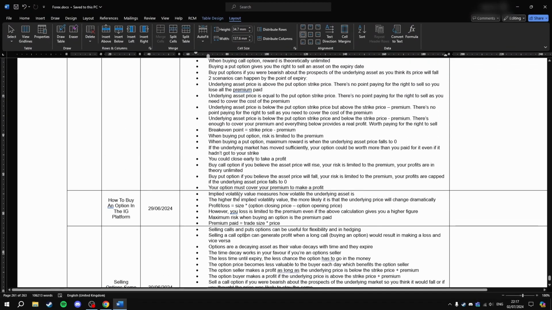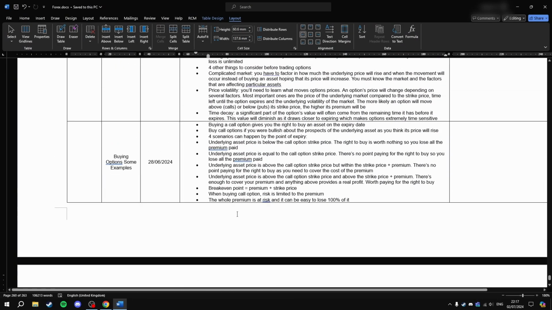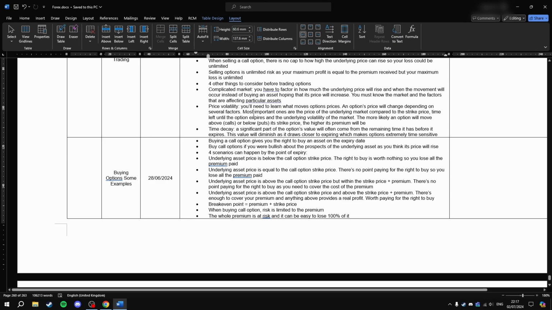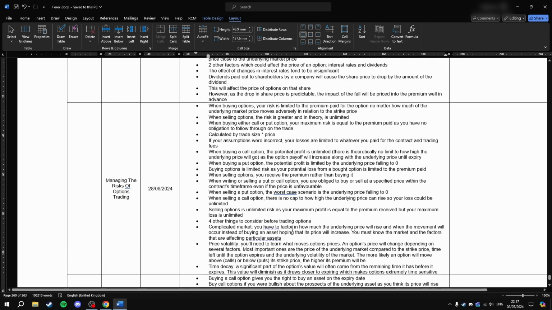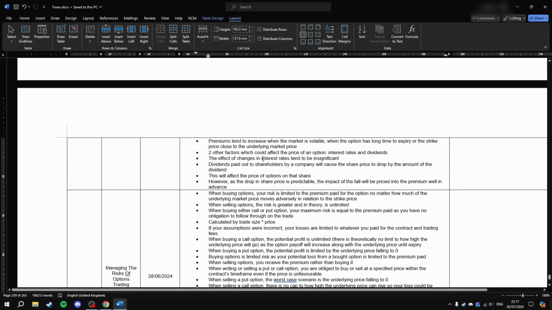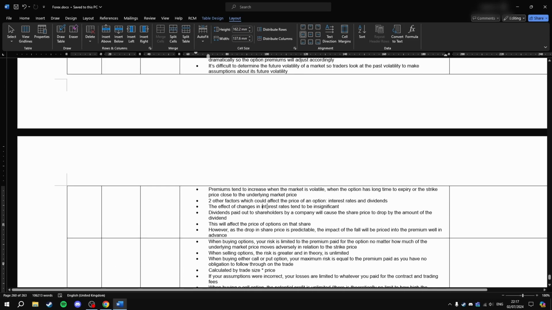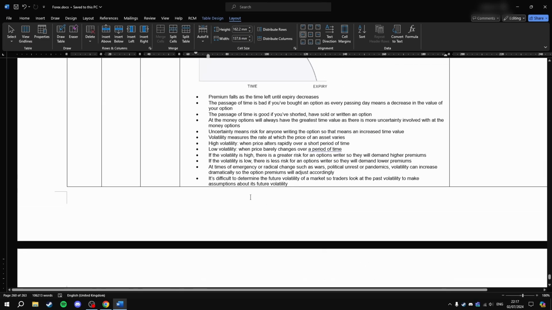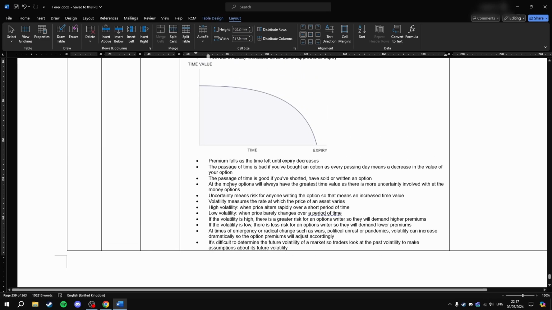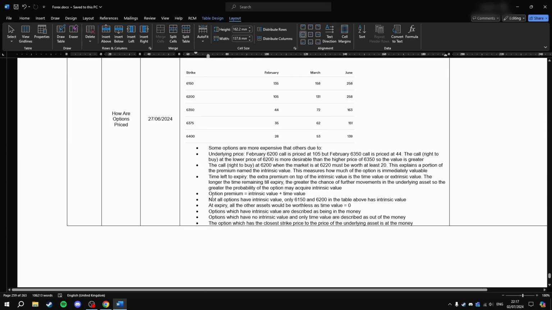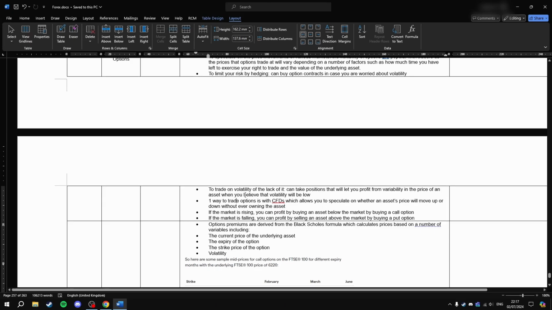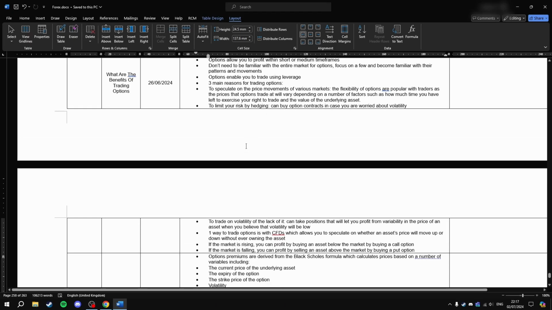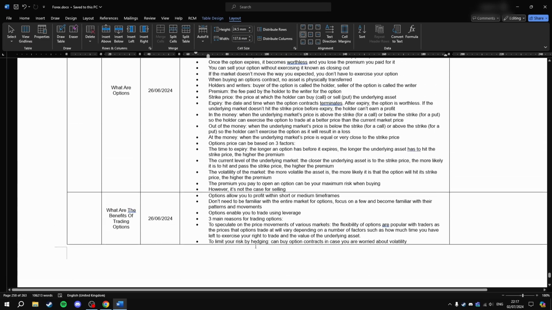I know there was something about it. You could sell it earlier, before the actual option expiry date has come, and you can still make a profit on it apparently.